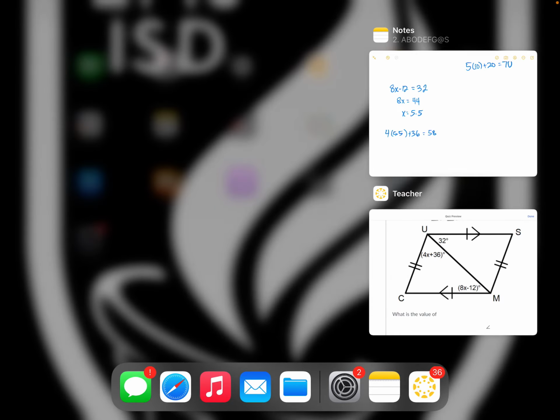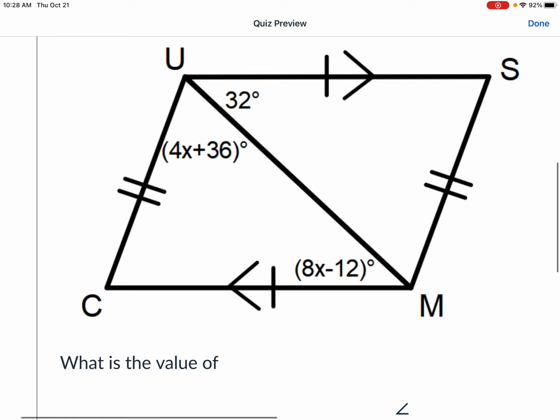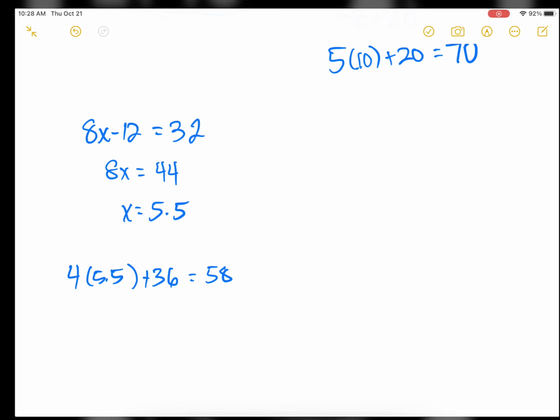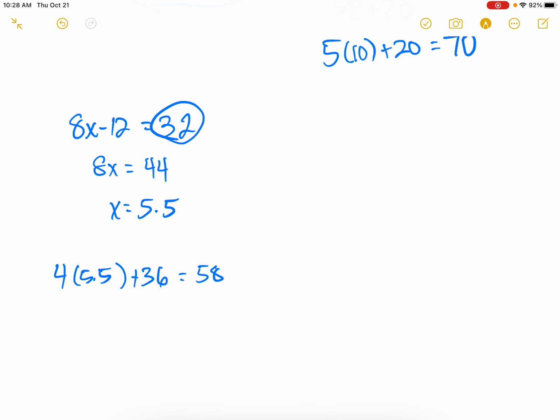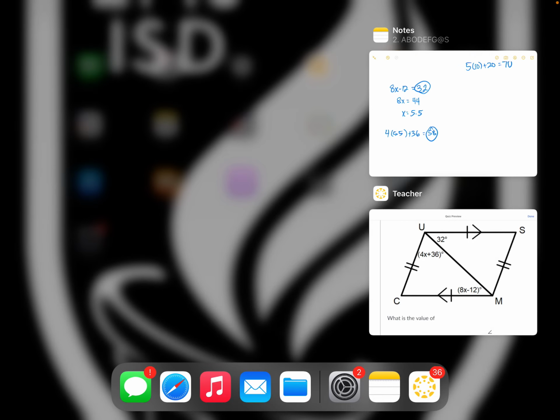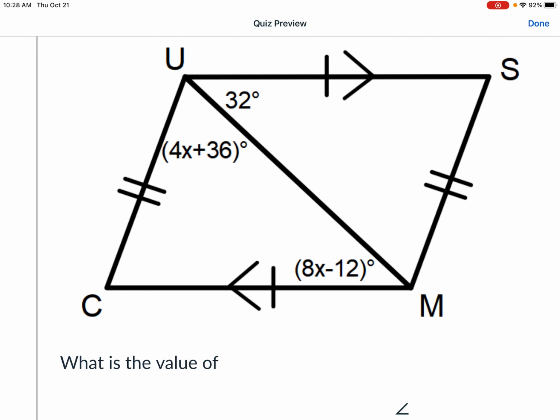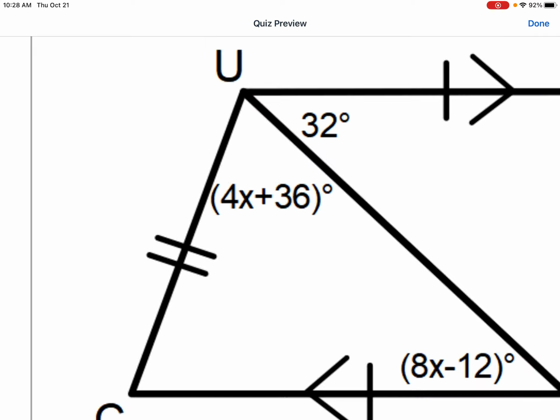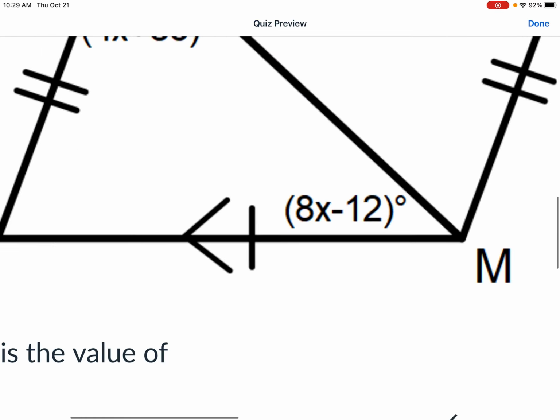On this one down over here, we already know that this angle down here, this 8x minus 12, is equal to 32. That's that 32, and that's the 58. Those are the two angles that are labeled on the triangle down on bottom. That's 58, and that's 32.